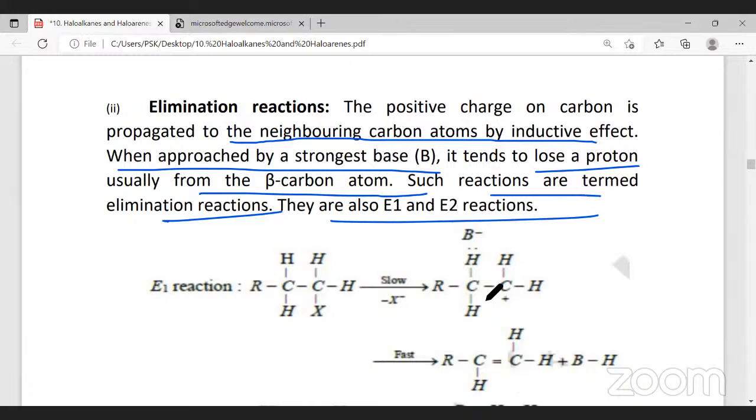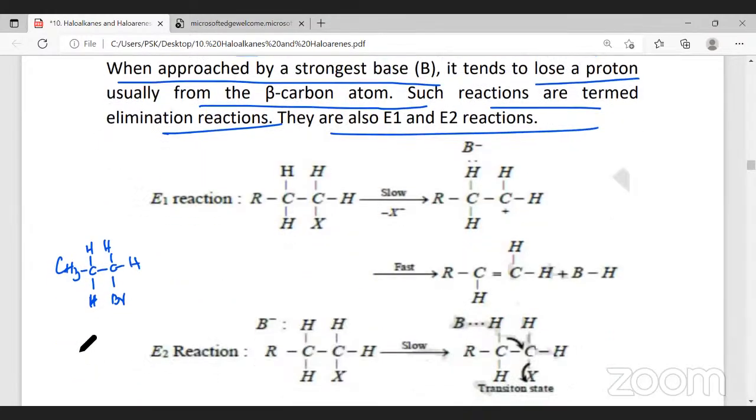Now, the E1 reaction. This is an alkyl halide; we will take this alkyl halide in specifics: CH3, CH, CH2, Br. It's propyl bromide, with 1, 2, 3 carbon atoms. This propyl bromide will undergo an ionization reaction.